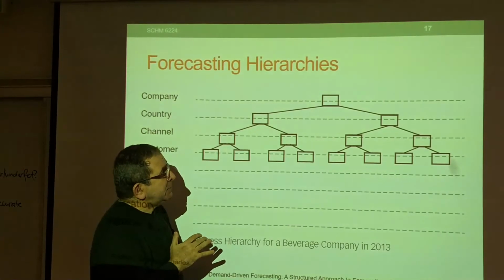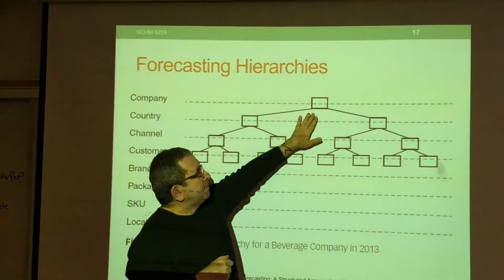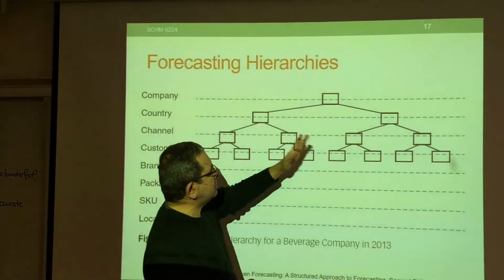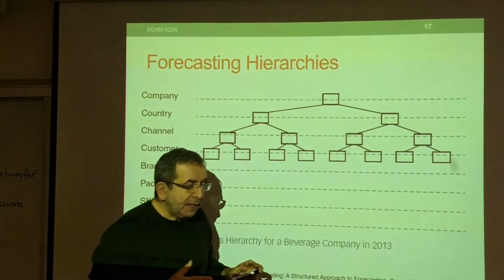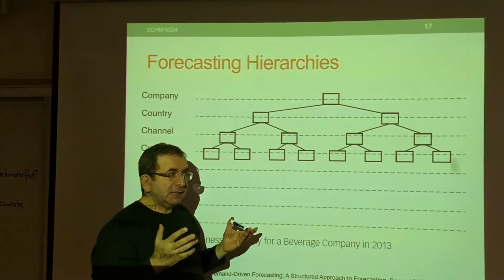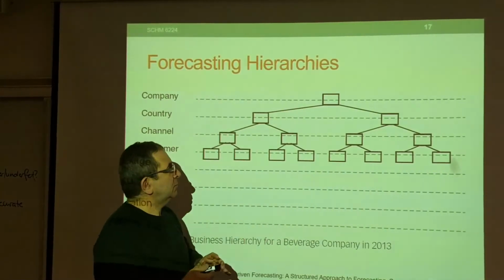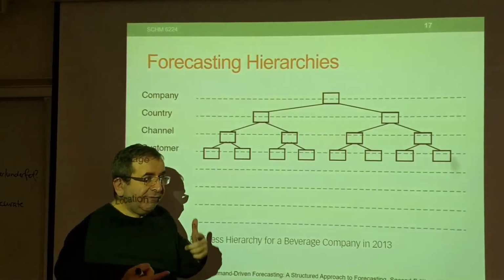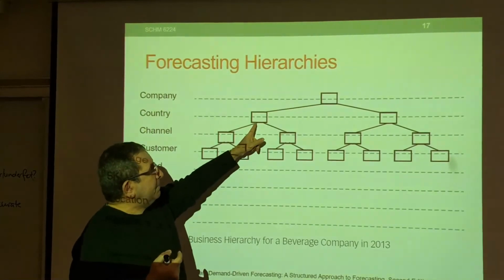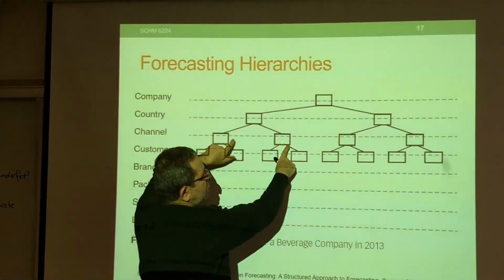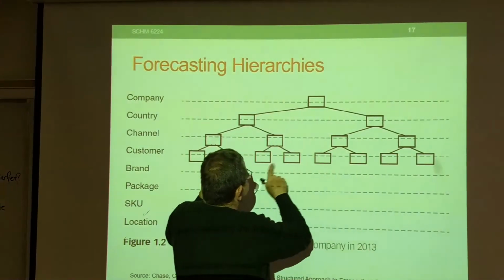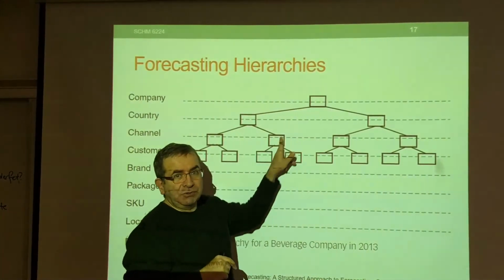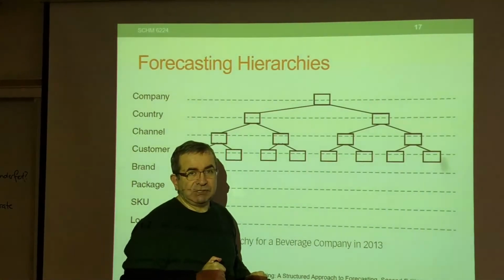So let's suppose you forecast at the highest level and break down the forecast into regions and divisions, etc. The advantage of this is it's very easy to do. But a disadvantage is how accurately will you make these divisions? How accurately can you break down the total forecast into each individual SKU?